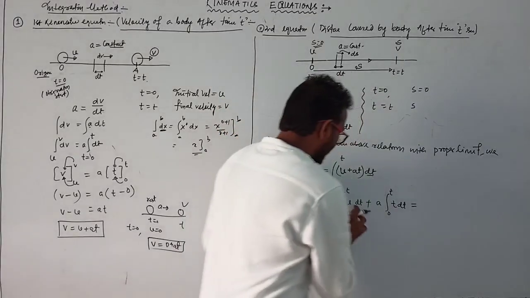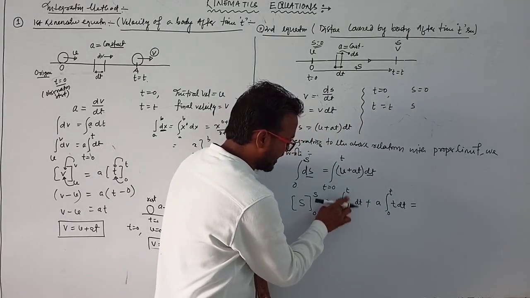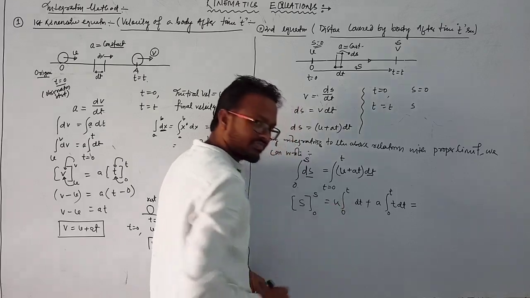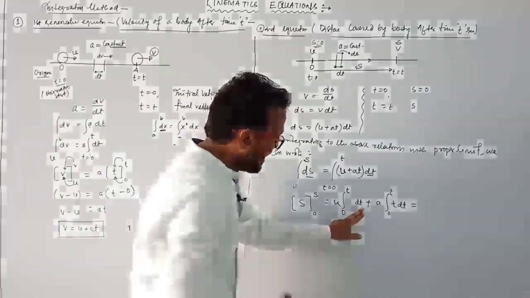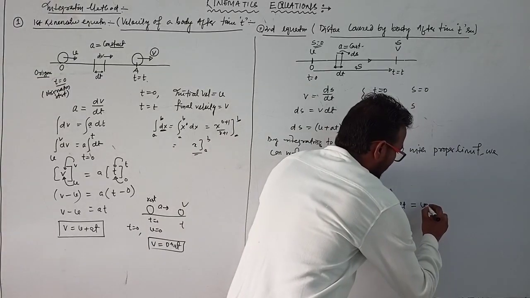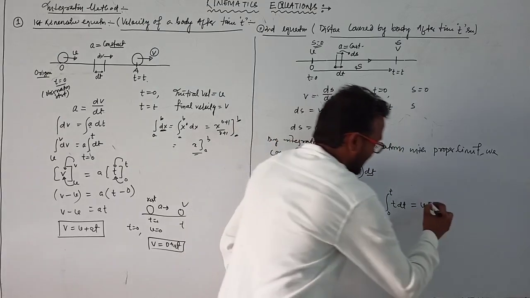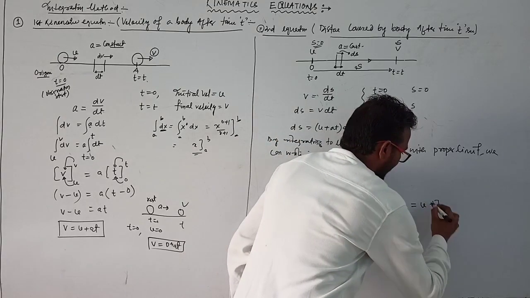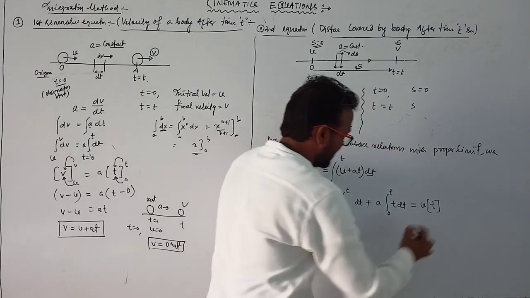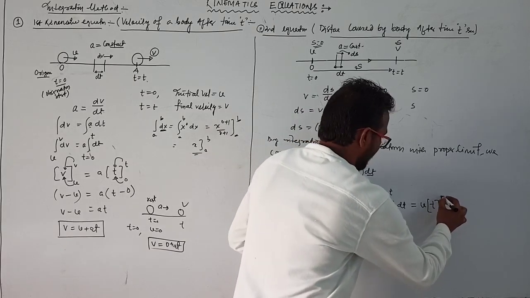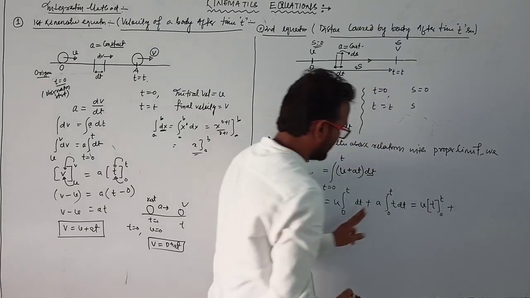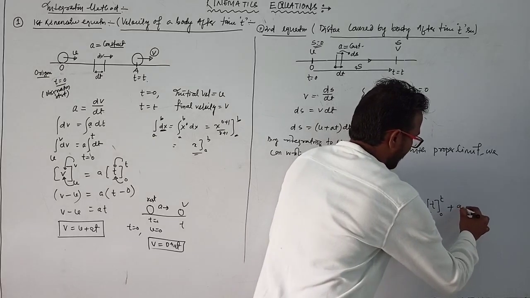So we can take it out of the integration and write u, and the integration of dt is t, with lower limit 0 and upper limit t.